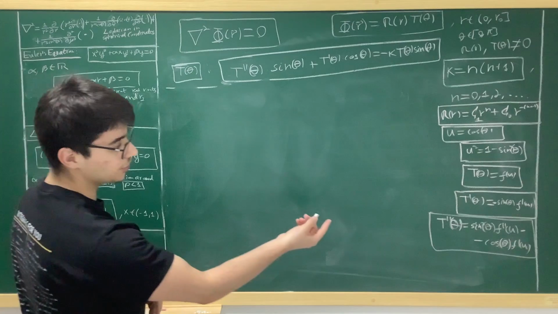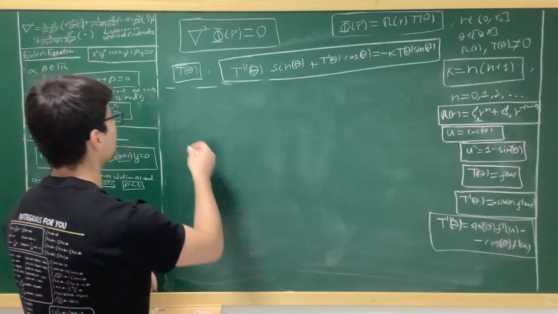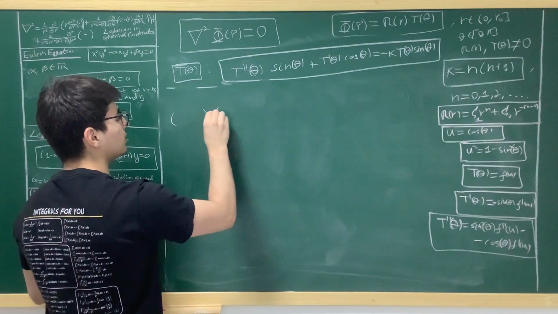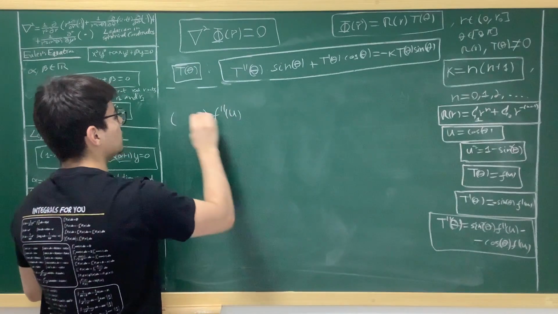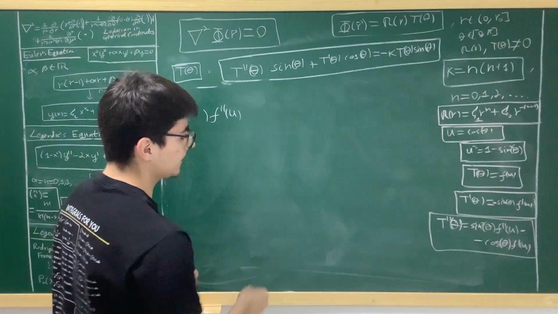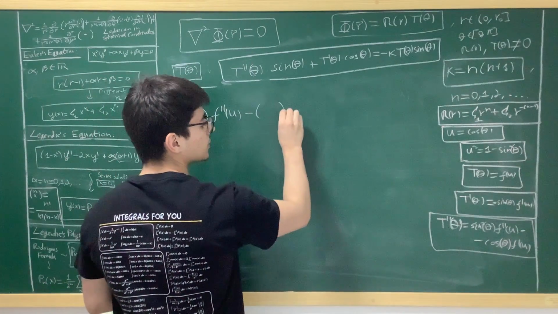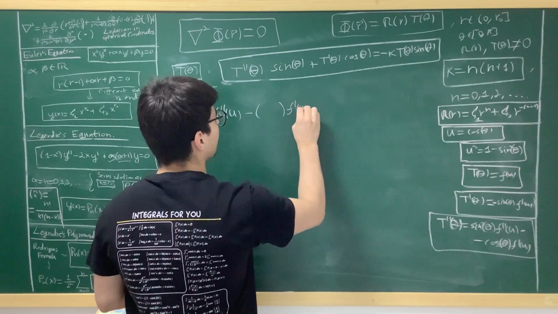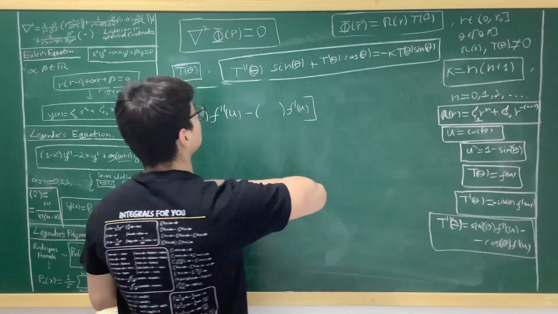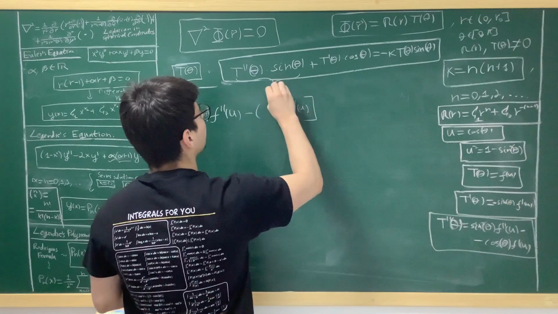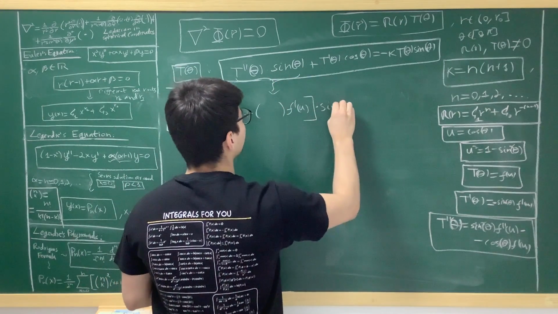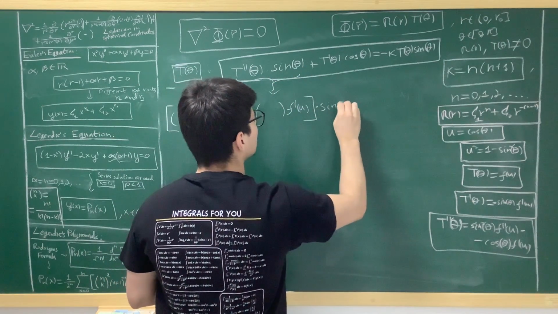Well, t double prime is just sine squared f double prime of u, and well, before anything, let me just separate it like this. Minus f prime of u. Well, this is all multiplied by sine, isn't it?